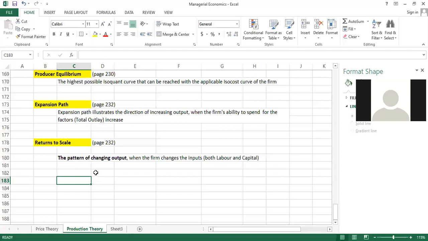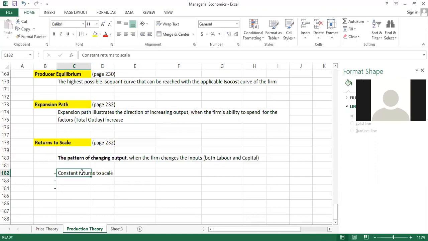These are known as constant return, increasing return, and decreasing return. Right. So there are three different patterns of change in the output, and these are called constant returns to scale, increasing return to scale, and decreasing return to scale.